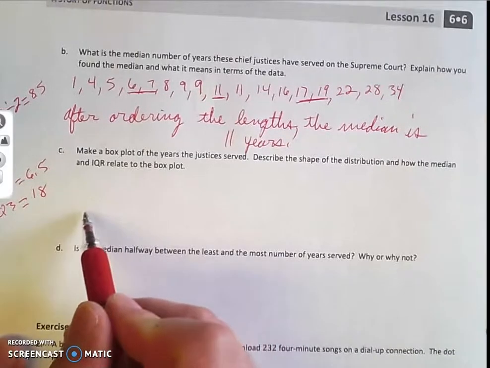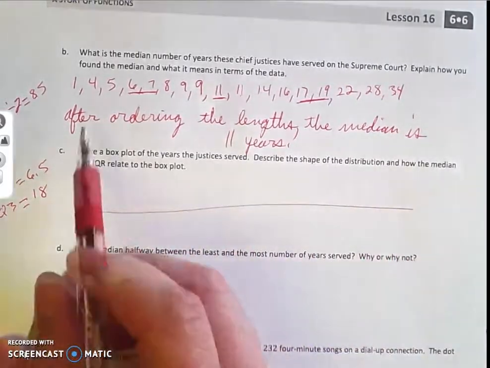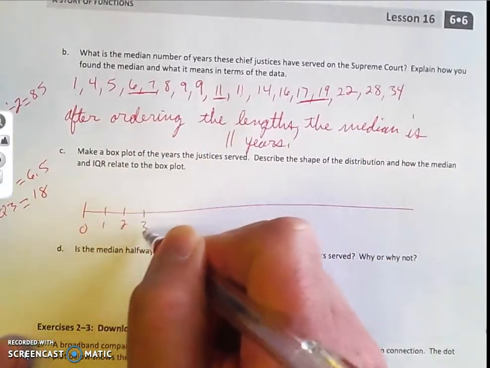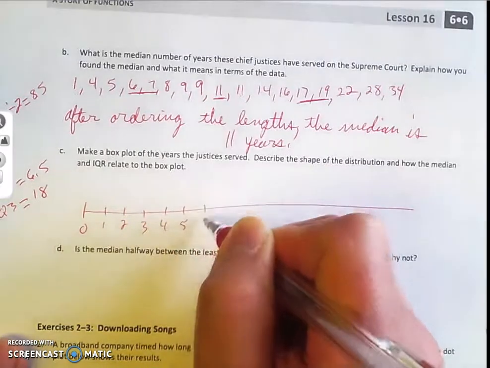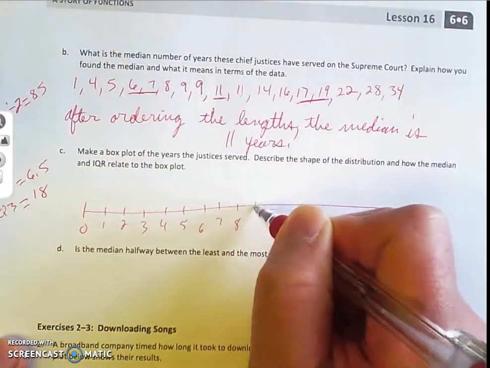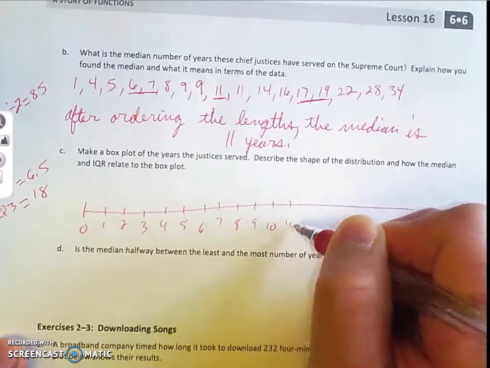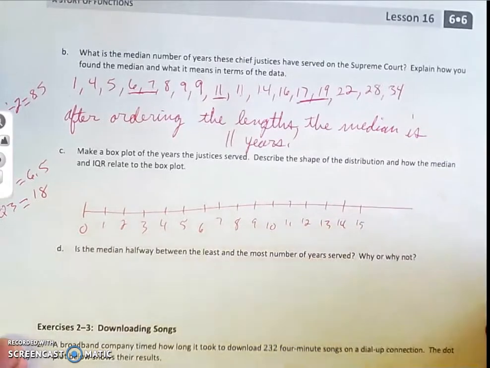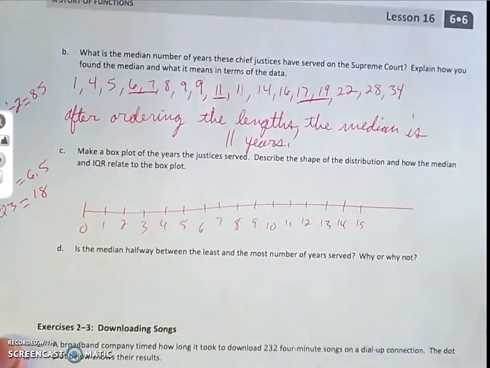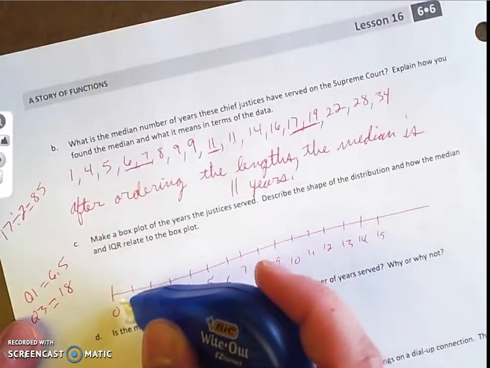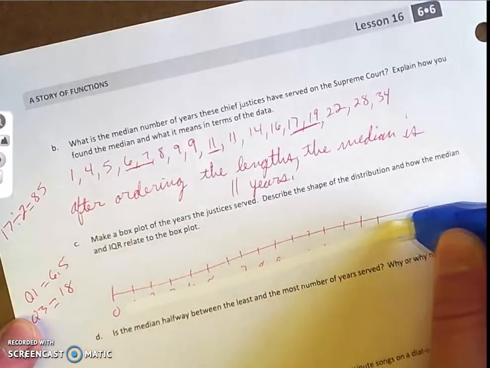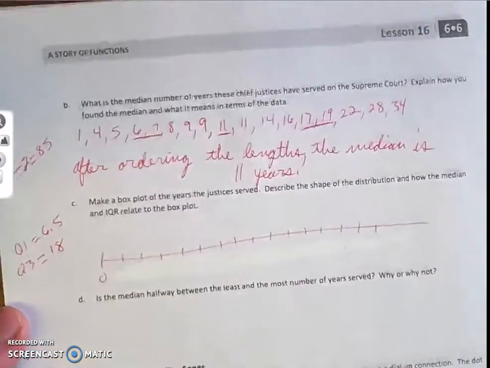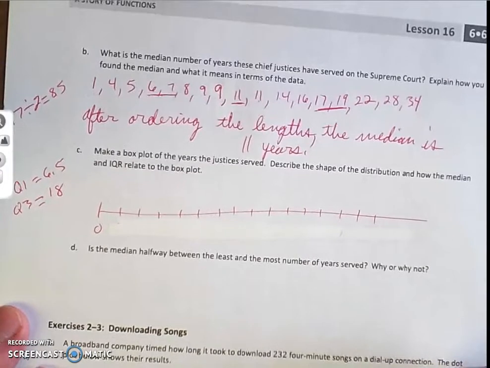So then we create our box plot. Now I need to go from 1 to 34. Okay. Right away I see I'm not going to have enough room to do counting by 1. So I'm going to have to look again at my data and think about what will be a better number to count by.